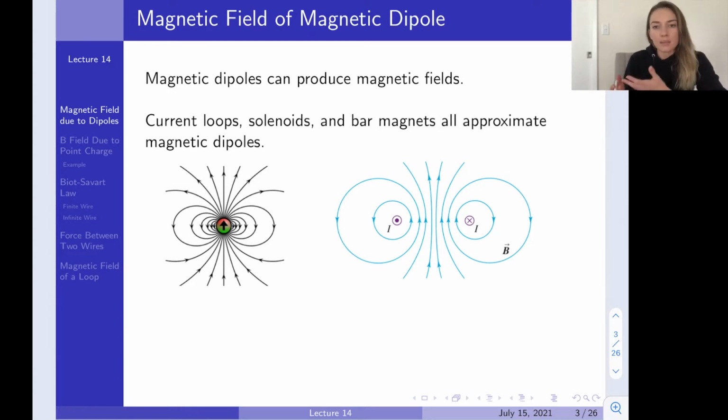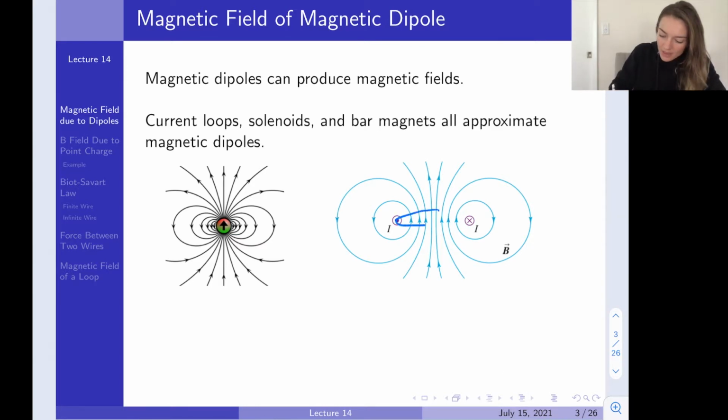So we do have some cases where something approximates a magnetic dipole. One case is a current loop. As we saw a little bit yesterday, if we have a current loop, this circle means that something's coming out of the page, and again, the cross means it's going in.